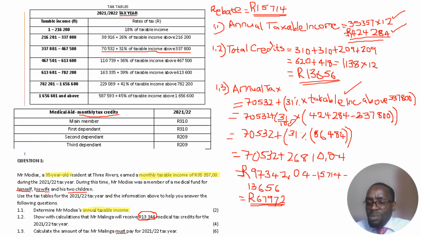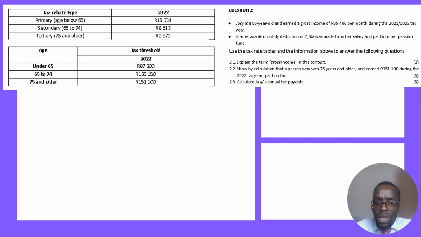All right, so let me just share with you the next slide, and then you will continue with this issue on the medical credits, as well as the rebates. Now you can see that Josie is 55 years old and earned a gross income of 39,489 per month during the 2021-2022 tax year.